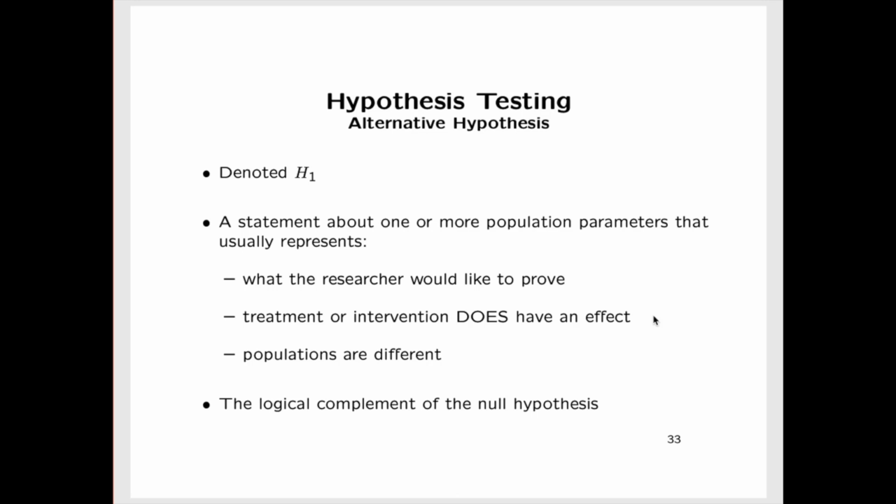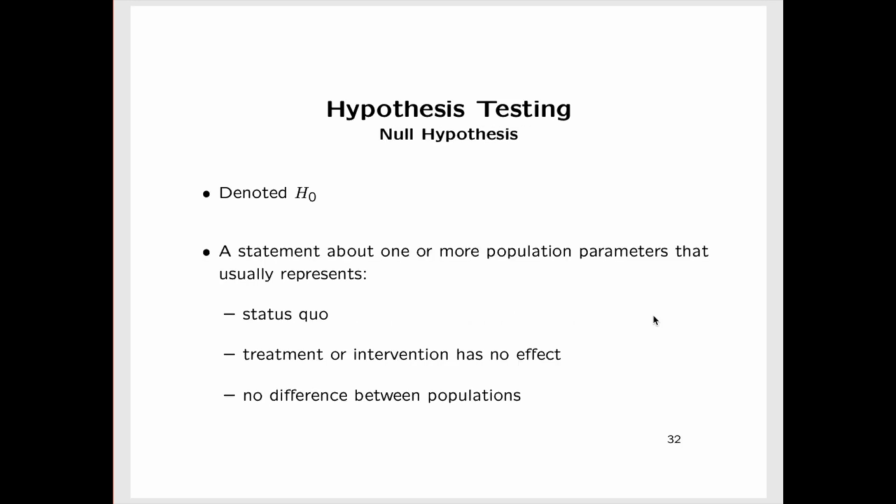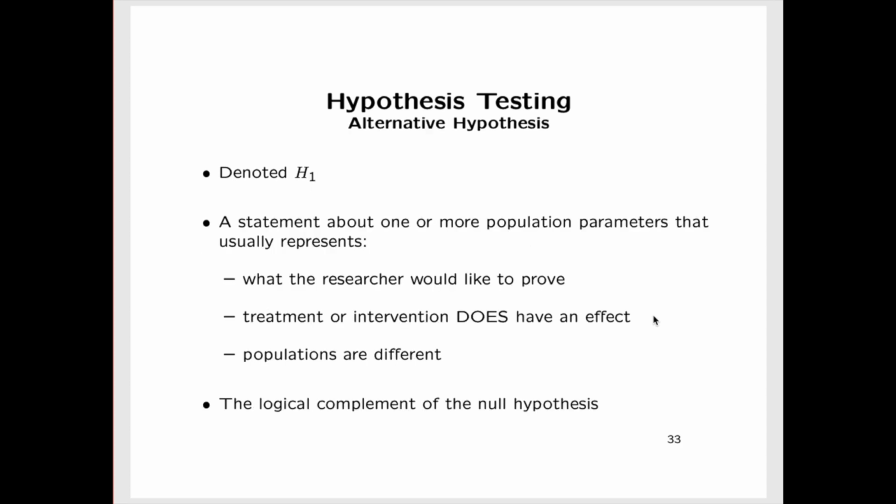Another way to think about it is that the equality statement regarding populations, or the statement of no impact or no effect, again, that goes in the null hypothesis. So those are a couple ways of thinking about how to set up the hypotheses.